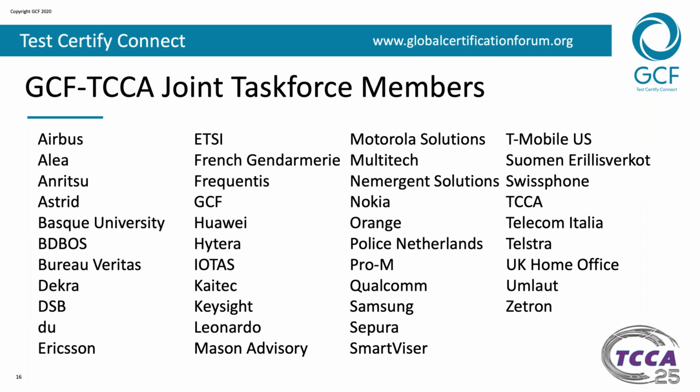We had a good cross-section of members from manufacturers, academia, network operators, and from the authorities and users as well. The authorities include, for example, the UK Home Office, Erasverkot and BDBOS. We also had, for example, Police Netherlands participating.